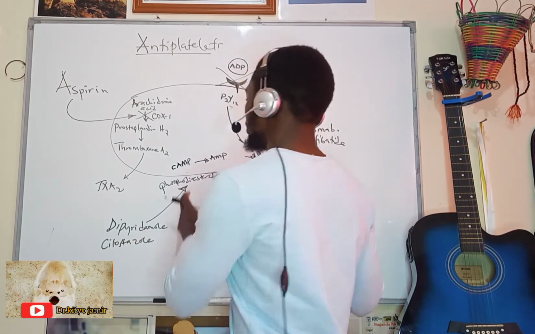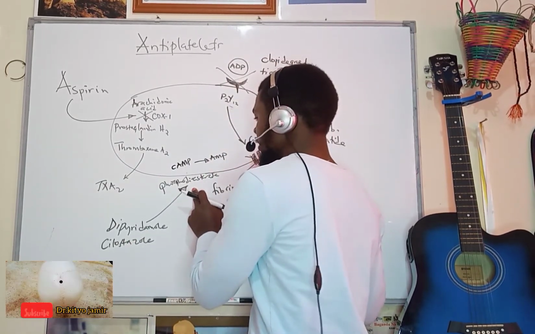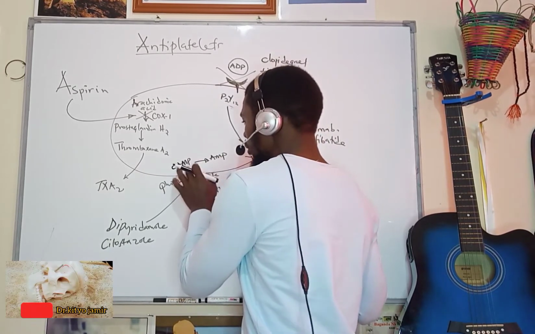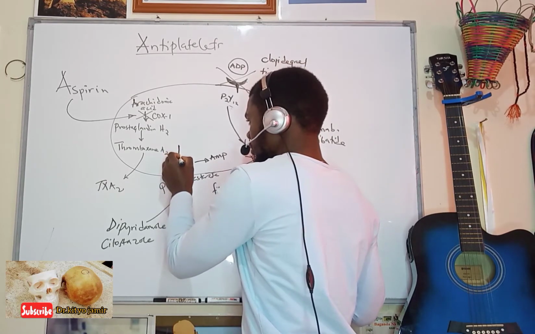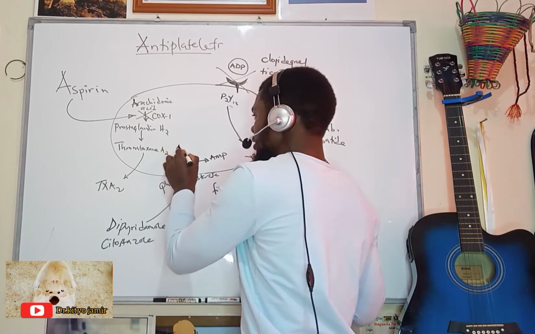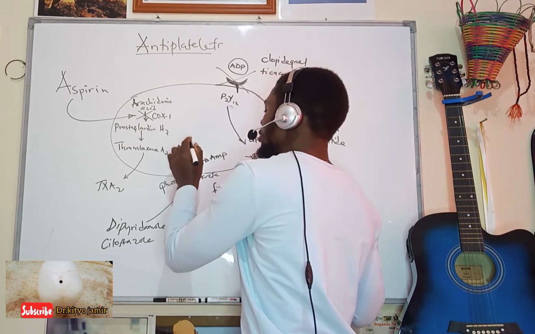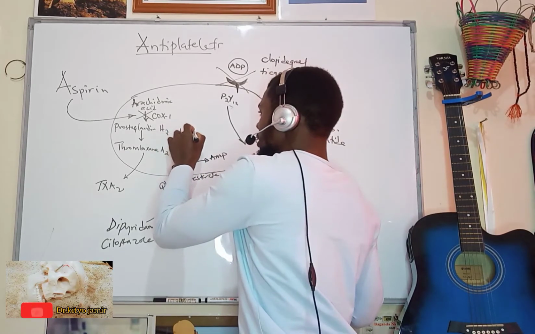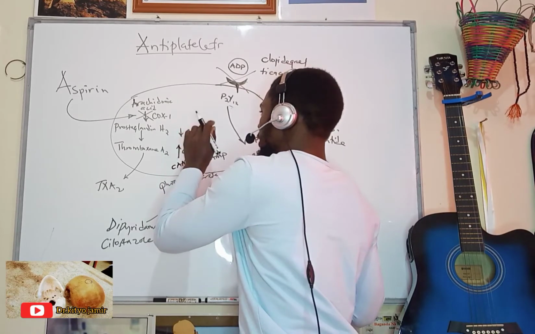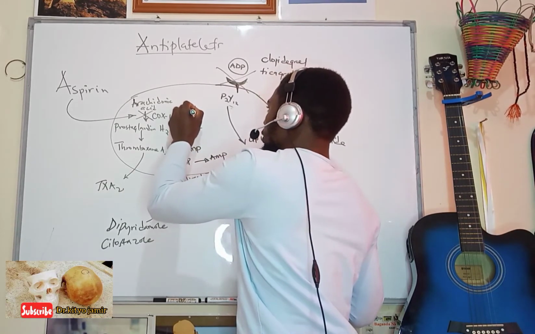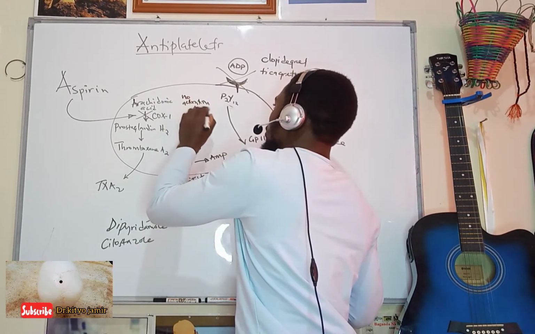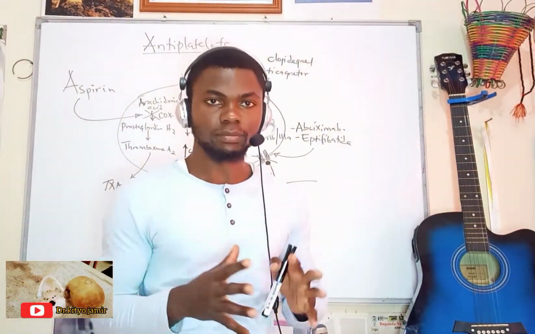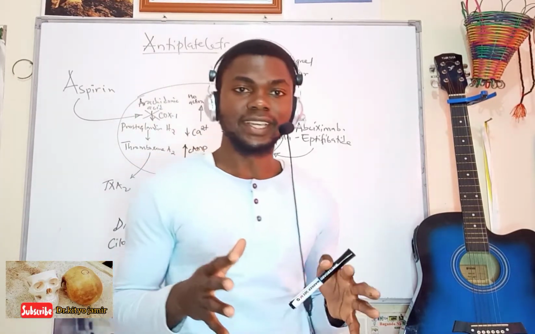When these drugs come, they are going to inhibit the phosphodiesterase enzyme. So we are going to have no conversion of cyclic AMP to AMP. What is going to result? We are going to have increased cyclic AMP, which is going to lead to what? To decreased calcium. If you have decreased calcium, we are not going to have activation of the platelets.